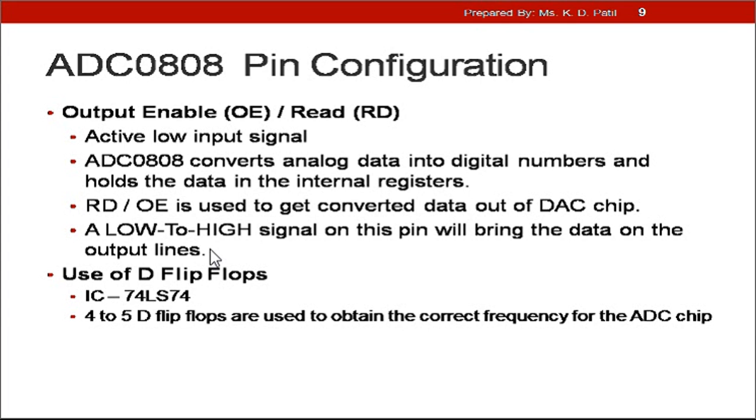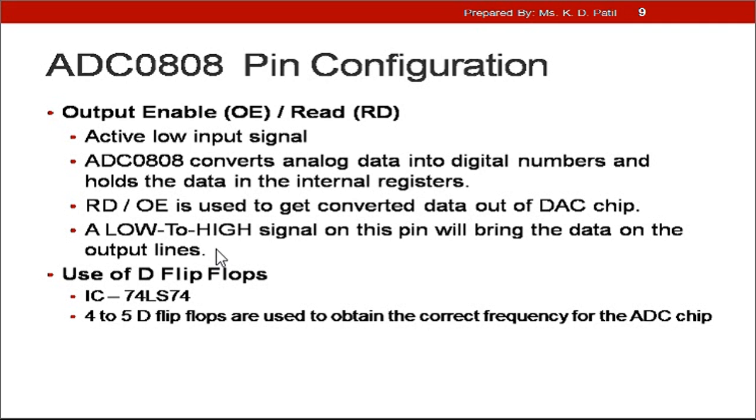Once the converted data is available on those output lines, it will be sent to the 8051 microcontroller, as the 8051 microcontroller is interfaced with any one of the ports with those D0 to D7 digital output lines of ADC 0808.